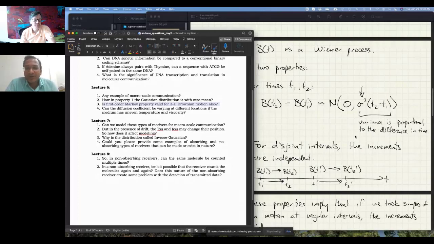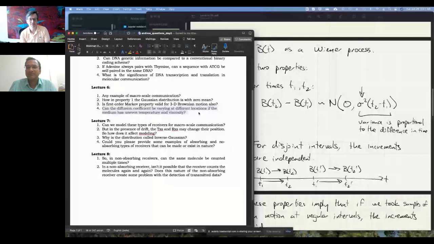All right, thank you. The next question is, can the diffusion coefficient be varying at different locations if the medium has uneven temperature, uneven viscosity? Definitely. For convenience and simplicity, we normally assume in this course that the diffusion coefficient is the same everywhere and that the medium is homogeneous.